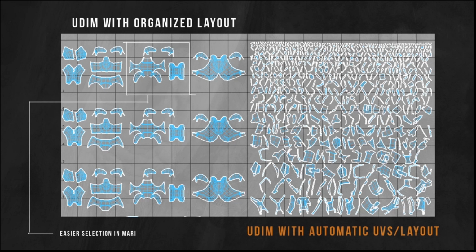Because if you have automatic UV layouts, it would be a nightmare to select them. So this is something that, especially if you're working in a company, it's really considerate to organize the UVs properly and make sure that the texture artists have a good layout to work with.